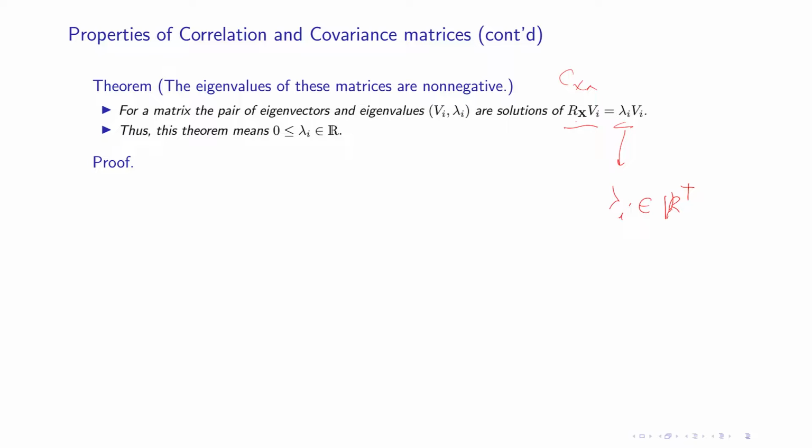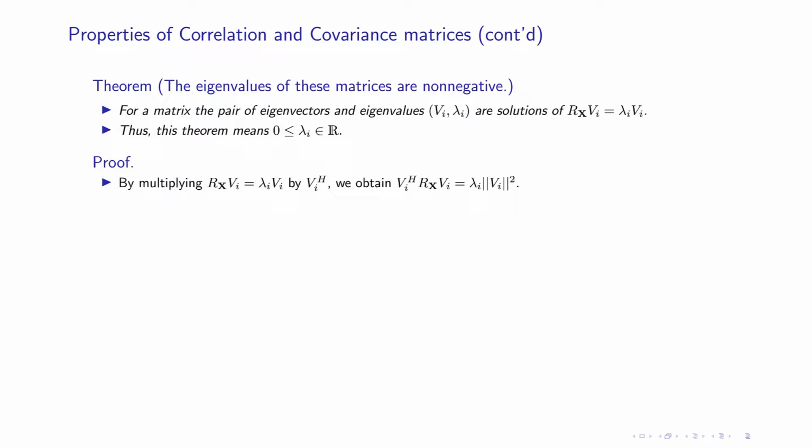The proof comes from the definition, because I know that Rx is equal to the mean of x x Hermitian. From this definition, I multiply both sides by Vi Hermitian. What I get is Vi Hermitian times Rx Vi on one side, and on the other side lambda i times Vi Hermitian Vi.